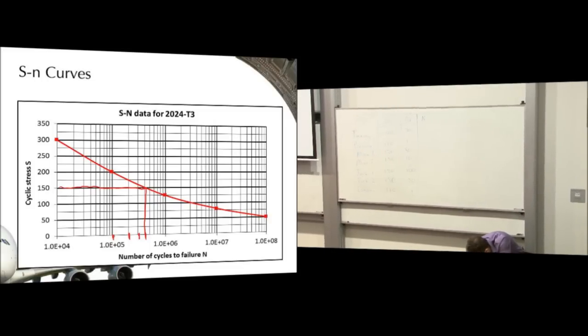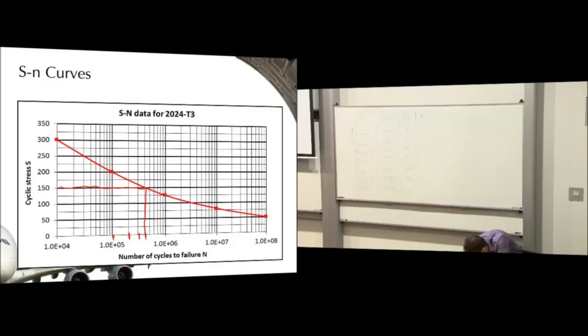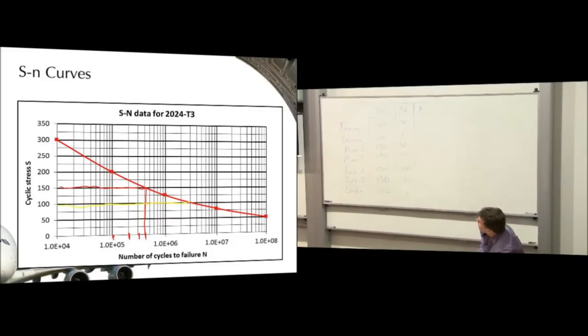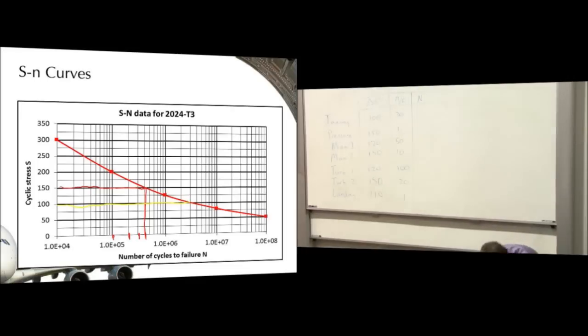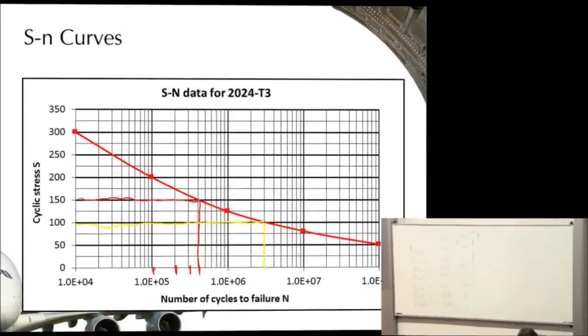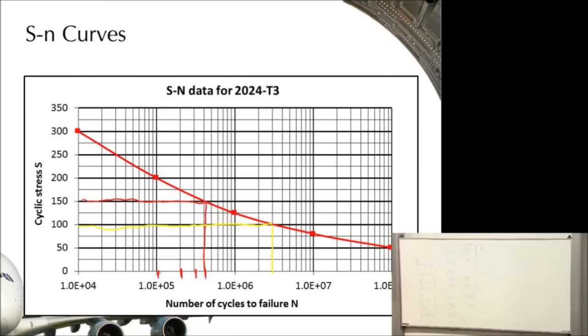If we go across at 100 and down to the horizontal axis, how many cycles to failure is that? 3 by 10 to the 6.